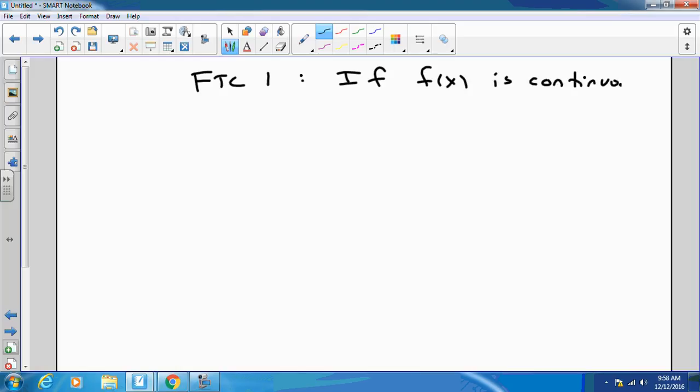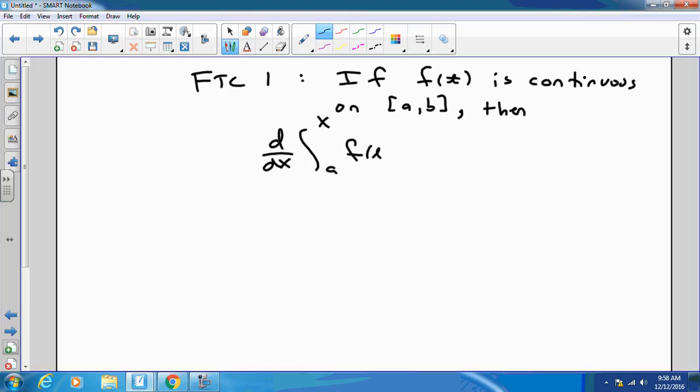If f of x is continuous on the interval a to b, then, and actually to get my axes right, I'm going to need to use the variable t. So if f of t is continuous on the interval a to b, then the rate at which my accumulator function changes is the height of the curve.